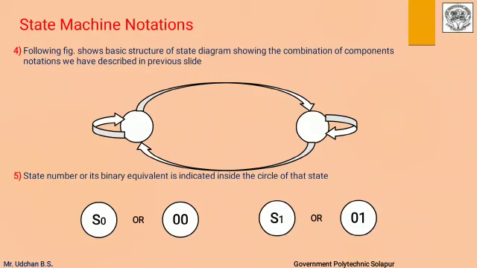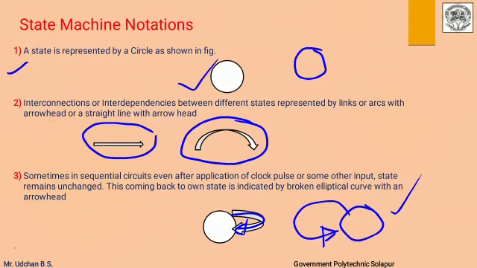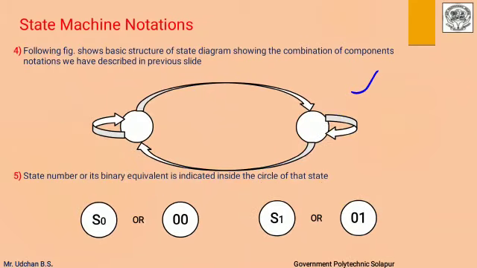Now this is the figure which shows the basic structure of a state diagram, showing the combination of the component notations we described in this slide. It consists of two states.